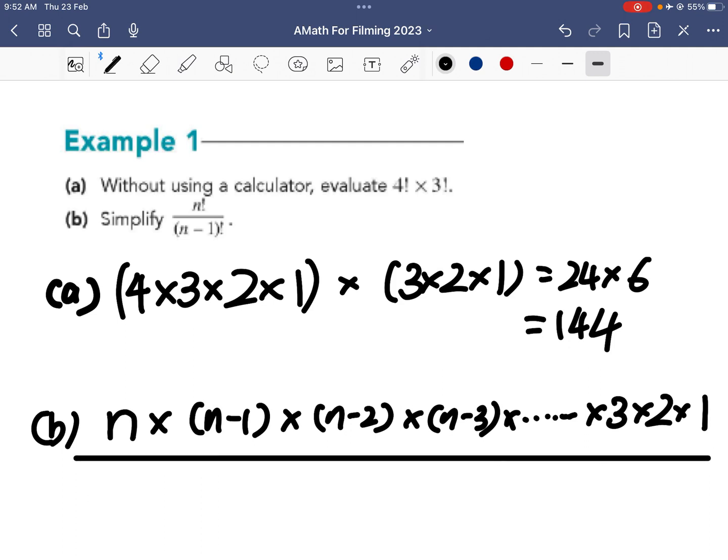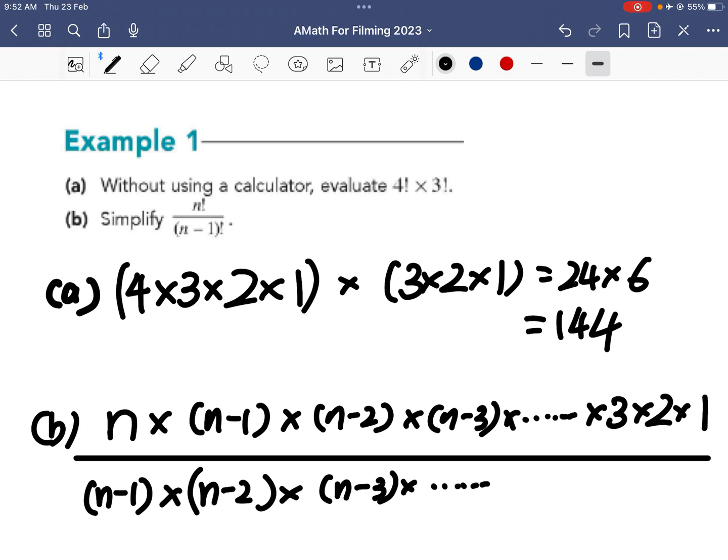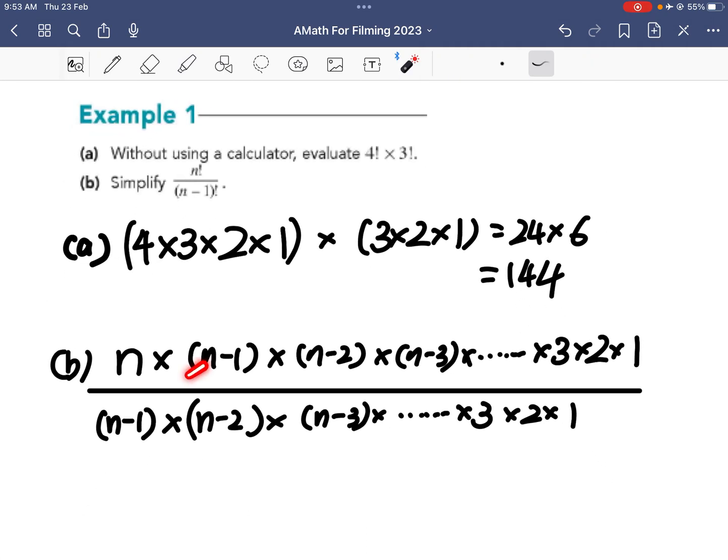Now we look for a pattern. For example, (n minus 1) factorial will actually give me, first we start with n minus 1, then we go to the next smaller number, n minus 2, then n minus 3, times dot dot dot all the way until it's 3 times 2 times 1. We start to think to ourselves, what can I actually eliminate?